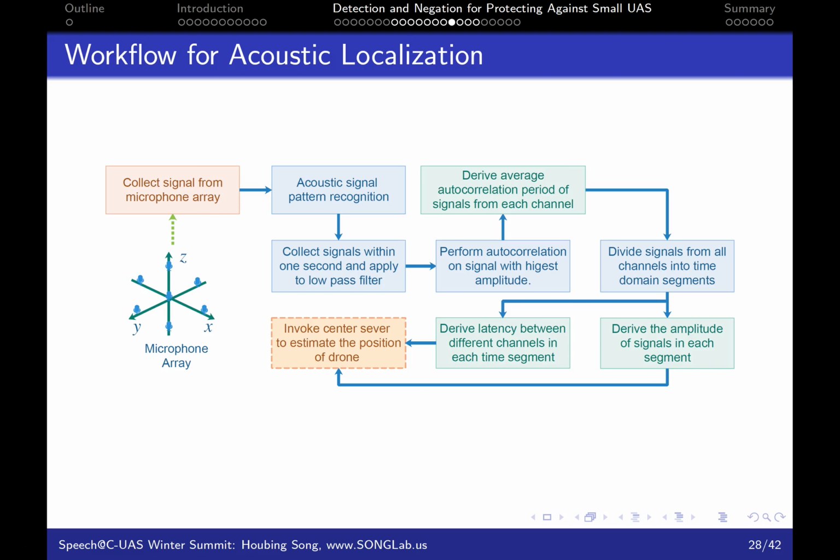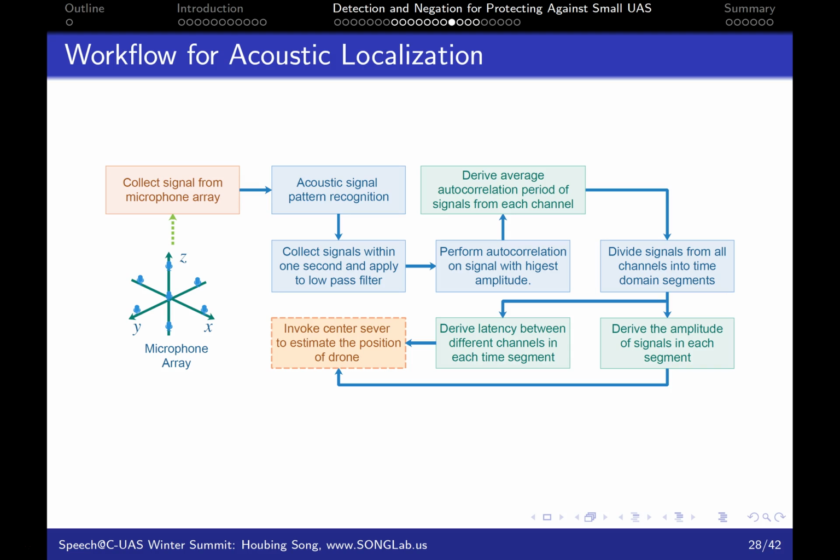So now let's see the workflow for the acoustic localization. Here we use a microphone array. From the microphone array, we can collect acoustic signals. Then we can apply acoustic signal pattern recognition. After that, we collect signals within one second and apply a low-pass filter.